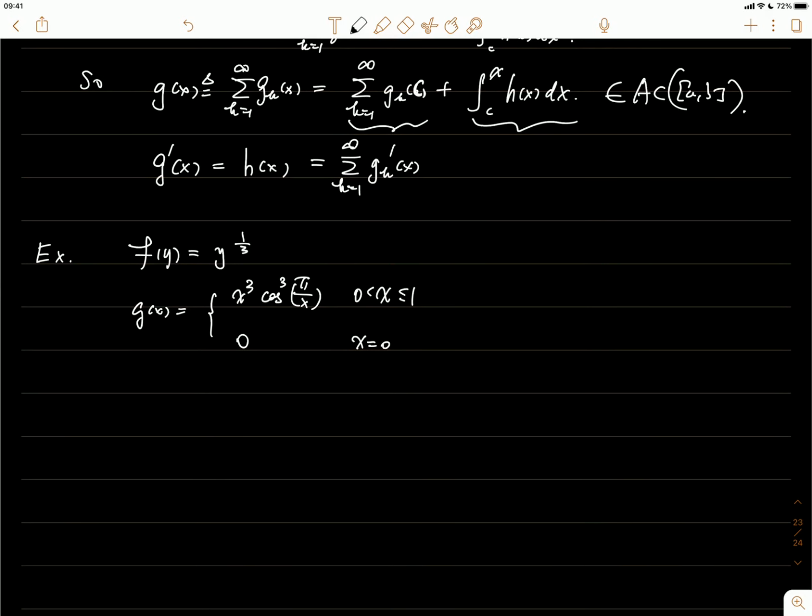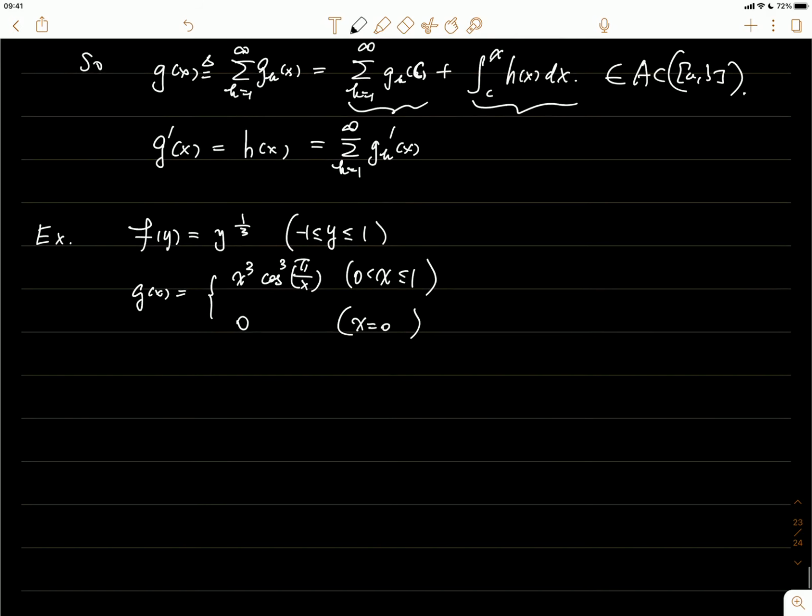So both of them can be shown to be absolutely continuous, where y is between -1 and 1. We can easily show that both of these functions are absolutely continuous. Actually, we can show that they are Lipschitz continuous. Just take the derivative and see that the derivatives are bounded by some constant, so that means they're Lipschitz continuous.